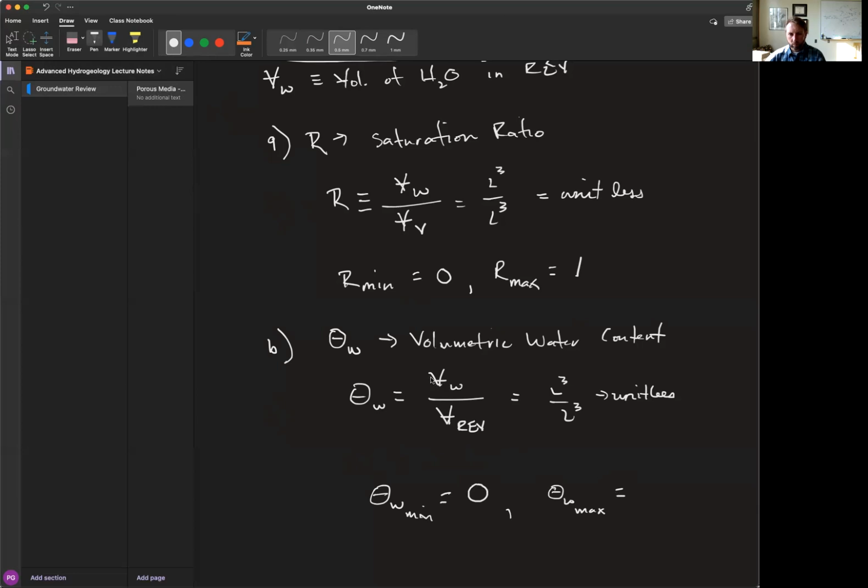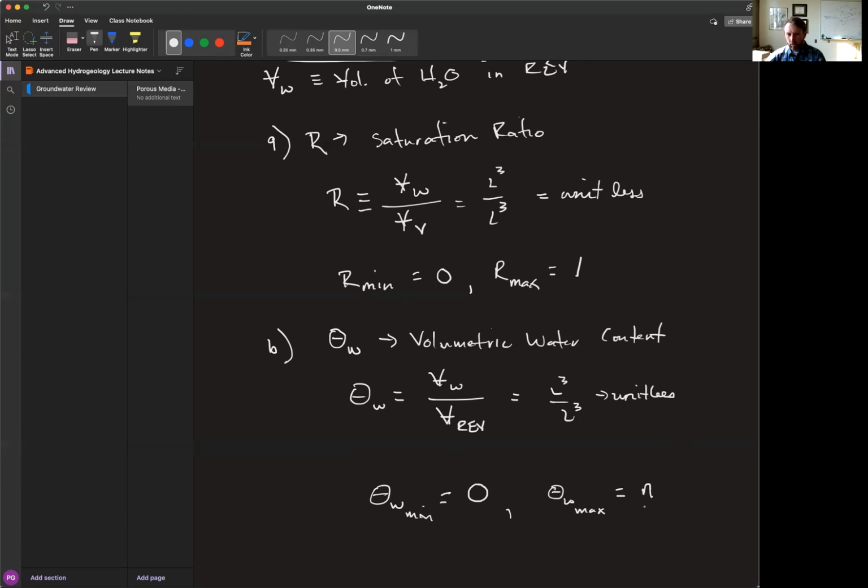Well, at full saturation, all of my pore space is filled with water, and the volume of my water is equal to the volume of voids. I get the volume of voids over the volume of REV, and that is the porosity.